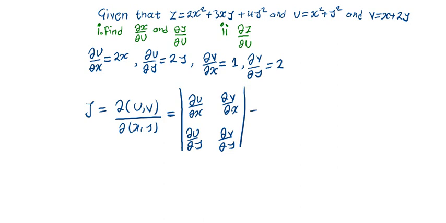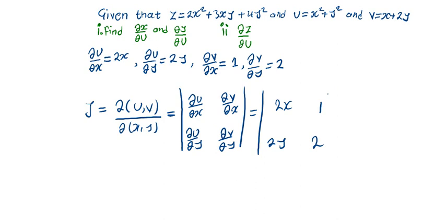Now if we substitute, partial of u with respect to x we found to be 2x, then here we have 2y, then here 1, and here a 2.